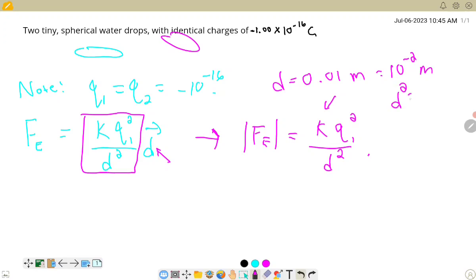We're going to need d squared. Yes, d squared is 10 to the -4th meters squared. And we're also going to need q, because we know that q is equal to -10 to the -16th coulombs.